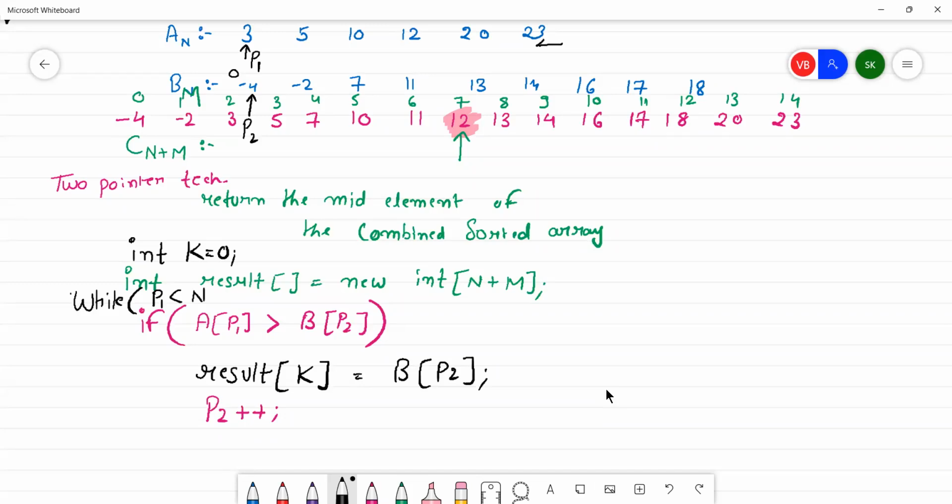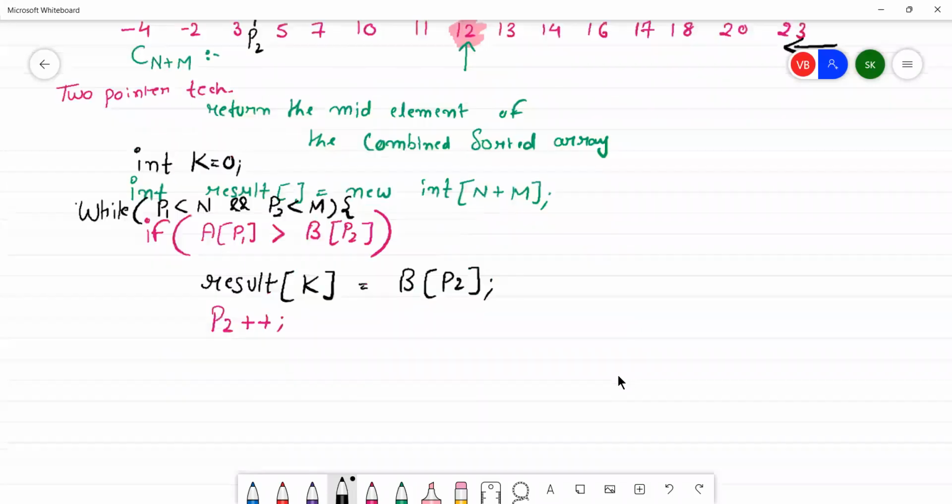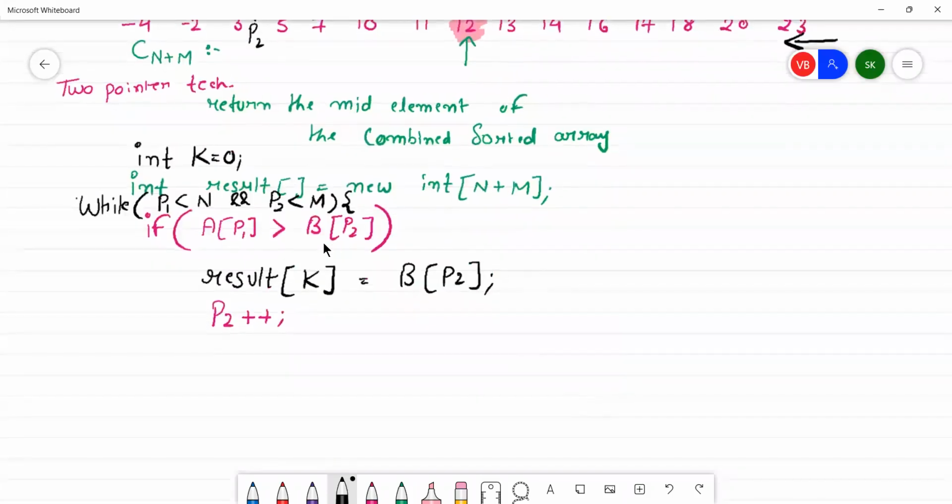That means it is less than the length of this particular array, and P2 is less than the length of this particular array, that is M. If one of the conditions fails, that is if P1 gets completed or if P2 gets completed, we need to get out of the loop. Is it clear, Vishnu? Okay. Yes, yes. Okay, that's great.